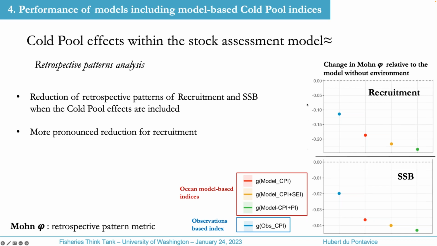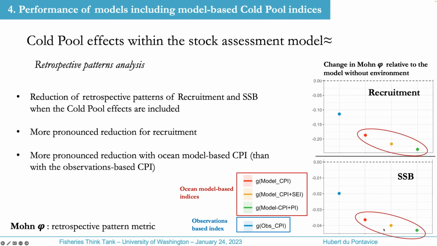You can see the scales on the y-axis are different between recruitment and SSB. And furthermore, the reduction of retrospective patterns is more pronounced with ocean model-based cold pool indices, the dots circled in red here, than with the observation-based index in blue.